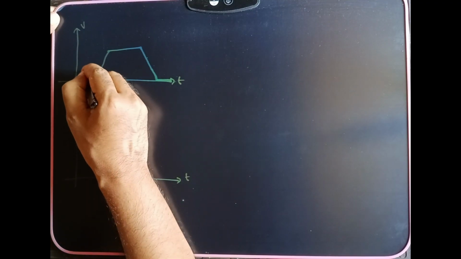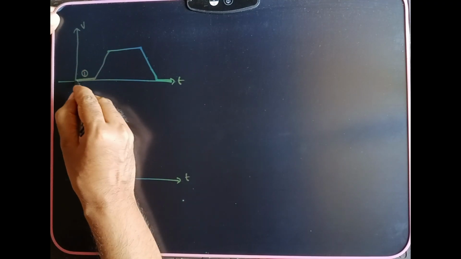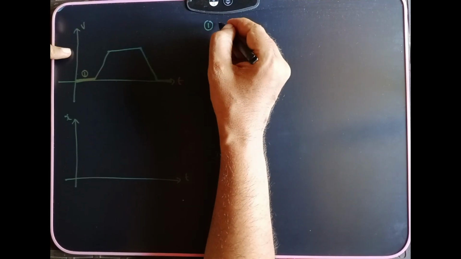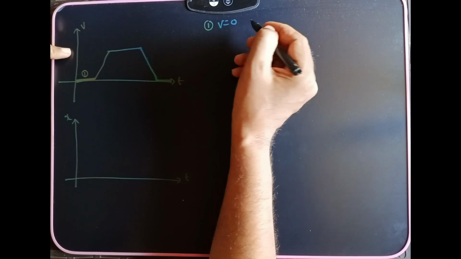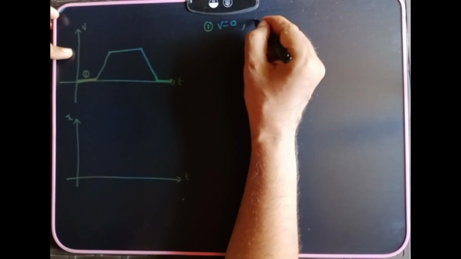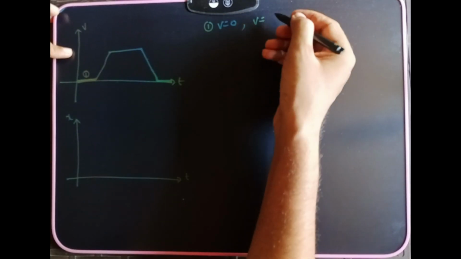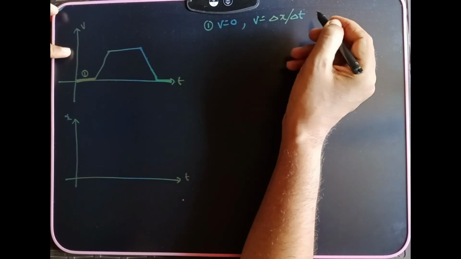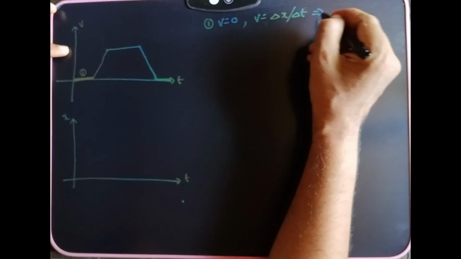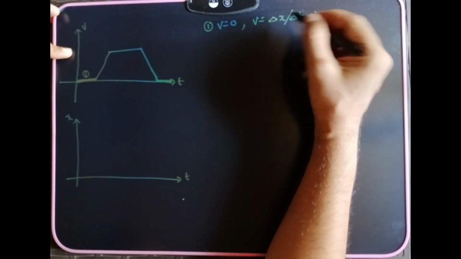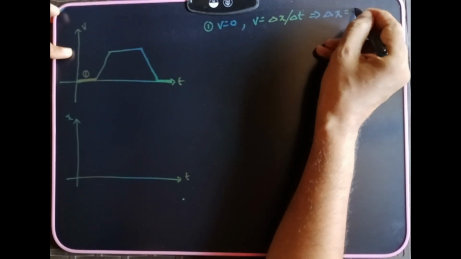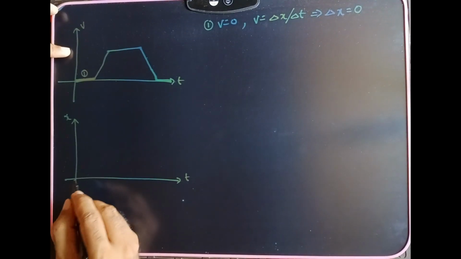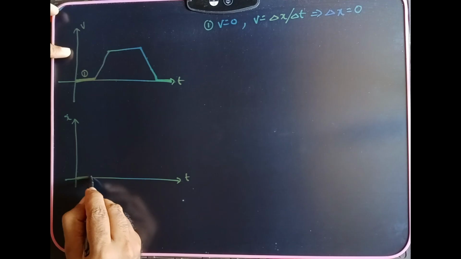So let us start with the first sloping line. For the sloping line in the velocity time graph, velocity is 0. But we know that velocity is equal to change in displacement by change in time. So now 0 is velocity, so change in displacement is equal to 0. It's not the position but the change in displacement. So change in displacement can be shown 0 here.